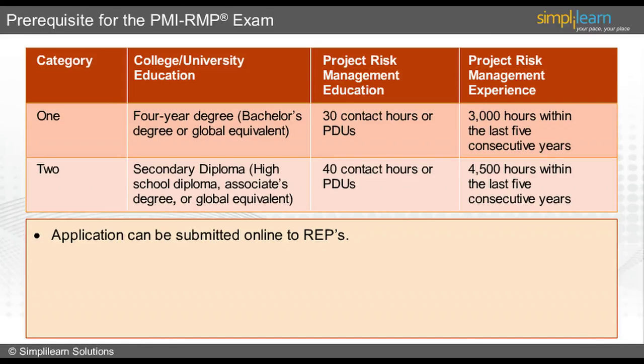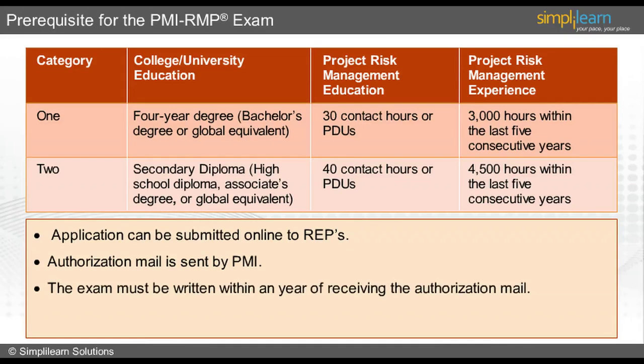PMI will send you an authorization mail after receiving the examination fee. Then you can block the examination venue, date, and time for appearing for the examination. A random audit happens on a few applications, in which case the auditing requirements of PMI should be complied with.